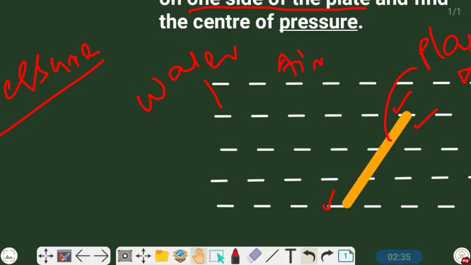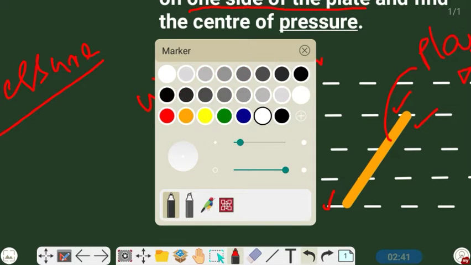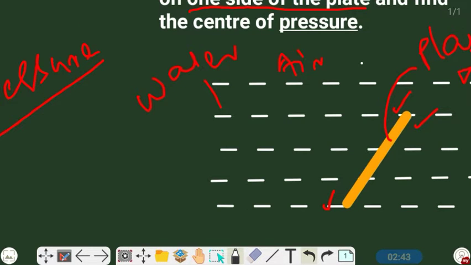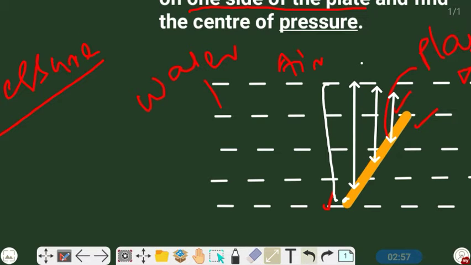No, it is not uniform, because the vertical distances of all the points are different. For this point it is something like this, for this point like this, and for this point like this. So the vertical distance is not constant; it changes from point to point.